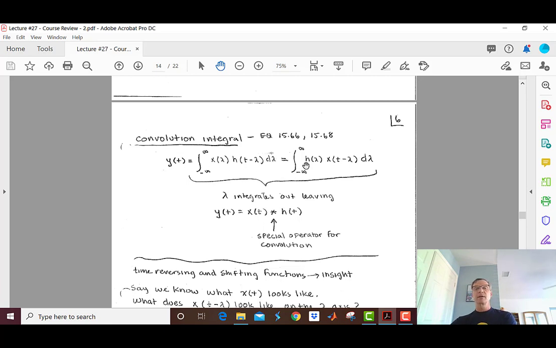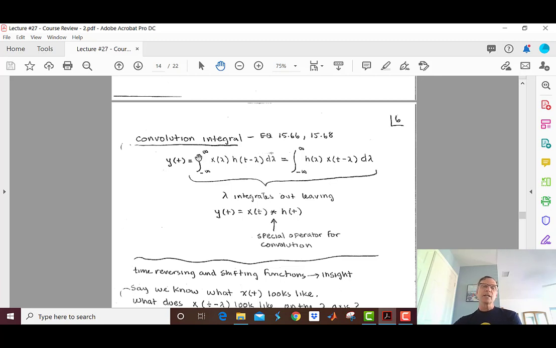Or we can switch these around so we can have h of lambda times x of t minus lambda. And this integral is represented by this special operator for convolution.